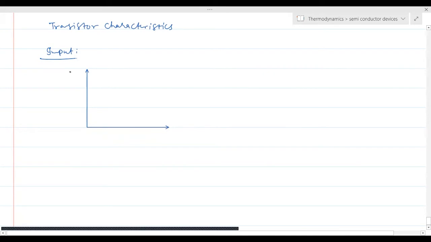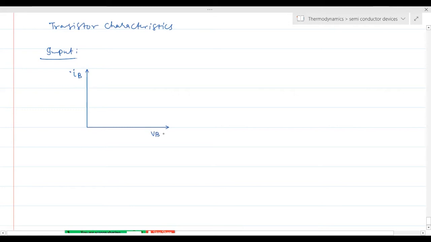We know that the input current is IB, and we take VB as the voltage. Generally, we used to have a graph like this.